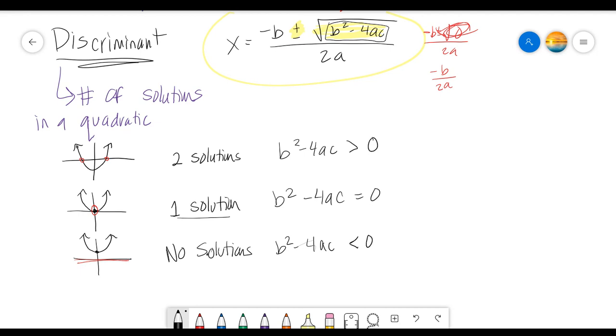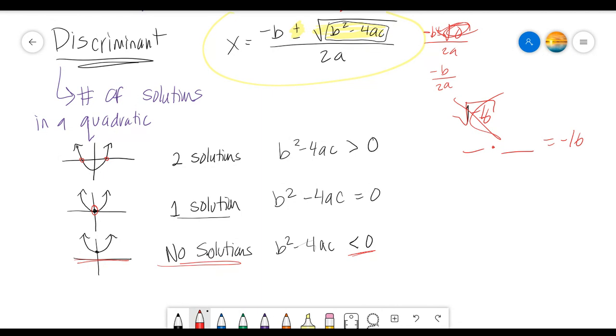If we have a negative number in that square root, let's say negative 16, what did we say we had to do in this case? We said we couldn't do anything. This is just not possible. We can't have something times itself to equal a negative value. So if it's less than 0, there would be no solution.